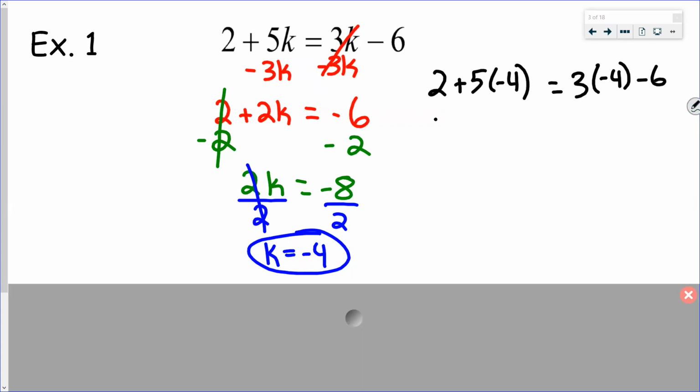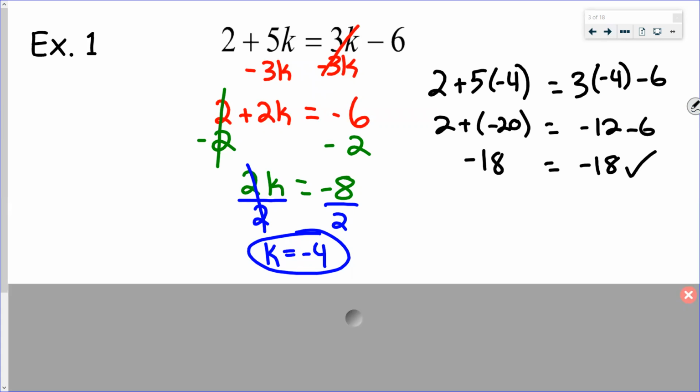Let's just do some quick math. 2 plus negative 20 is negative 18. Negative 12 minus 6 is negative 18. So I did it correctly. Again, you can always check to see if you did this correctly.